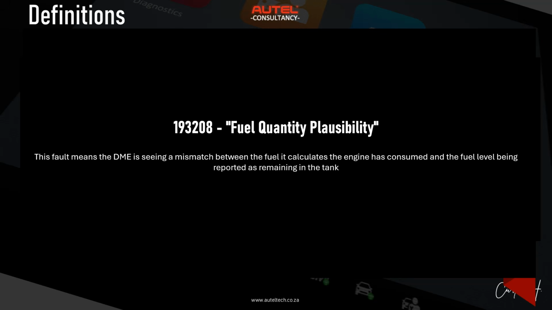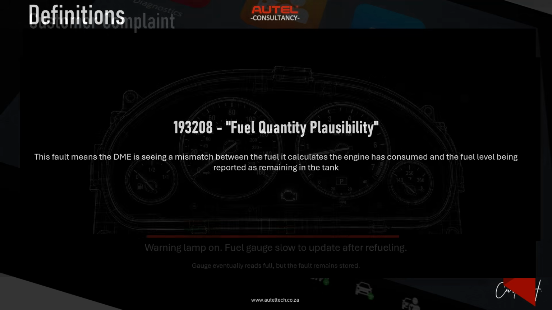It knows how much fuel it's injected, and it knows how much the sender says is in the tank. When those two numbers don't line up, you're going to get this error code. It's not telling you what's broken, but it's telling you that the two numbers disagree. So that's our job to find out.